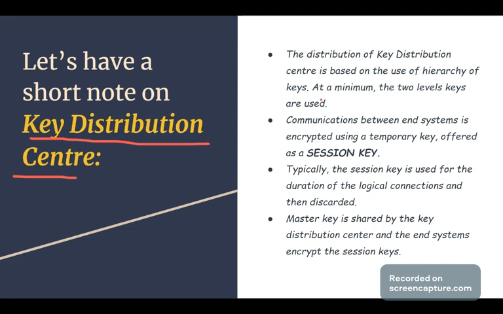At a minimum, two levels of keys are used. Second, communication between end systems is encrypted using a temporary key, often referred to as a session key. Third, typically the session key is used for the duration of a logical connection and then discarded. And number four, master keys shared by the key distribution center and end systems encrypt the session keys.